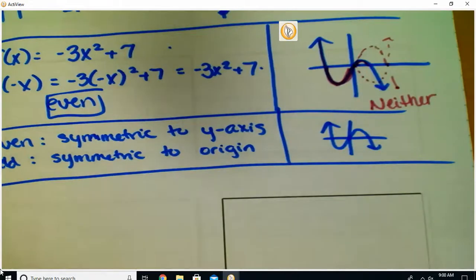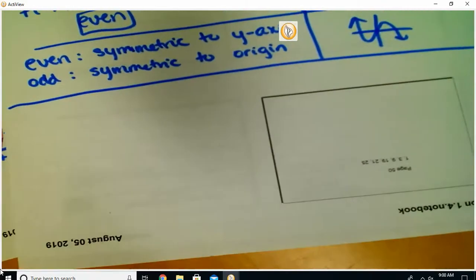Let's do some of the limit stuff. So let's do the asymptotes.